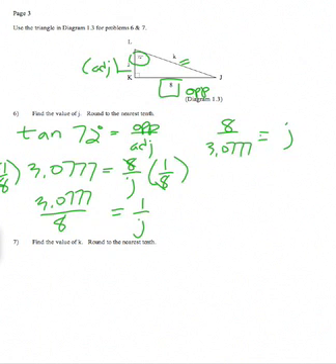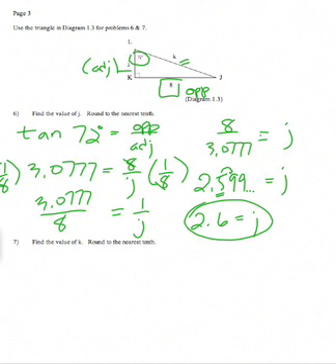So if we simplify with our calculators, 8 divided by 3.0777, you're left with 2.599 and some values equals j. And since the problem says round to the nearest tenth, we would round the tenth number up to 2.6. So j equals 2.6.